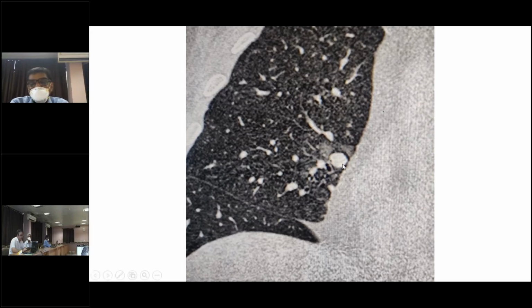This is the kind of mass which was very close, about 1 millimeter or maybe less from the parietal pleura, and there were vessels located very close to it. Our first intention was to do a wedge resection of this mass, or maybe a resection between the oblique fissure and the horizontal fissure, so that even the middle lobe could be saved, as this is a typical carcinoid.